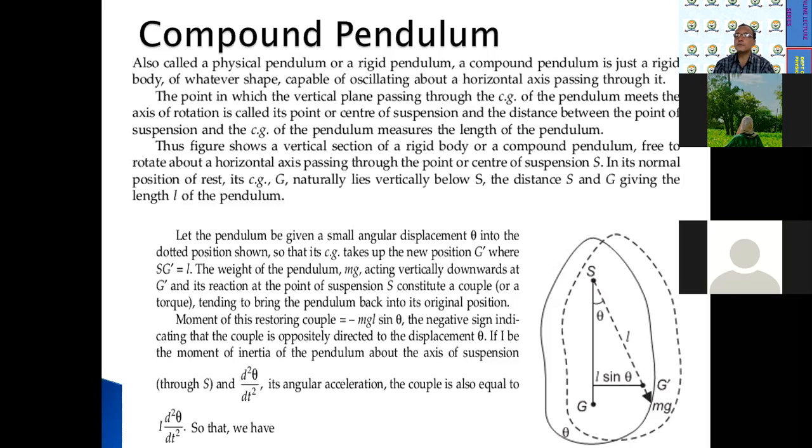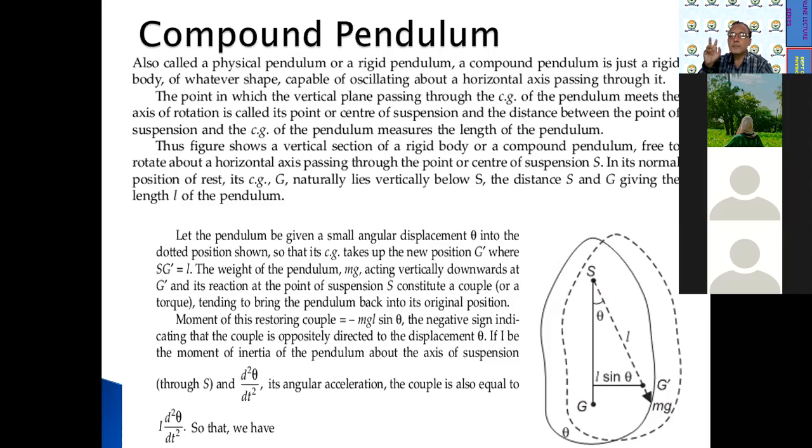Mahek, do you know what is couple? मेरी आवाज आ रही है? Are you getting me, please? Yes, sir. आ रही है. So can you tell me what is couple? Couple means a combination of two forces acting on the body simultaneously.